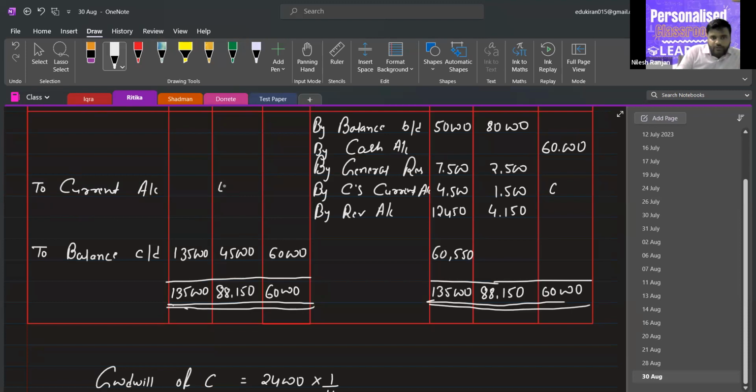So 43,150, and there will be no balance in C.